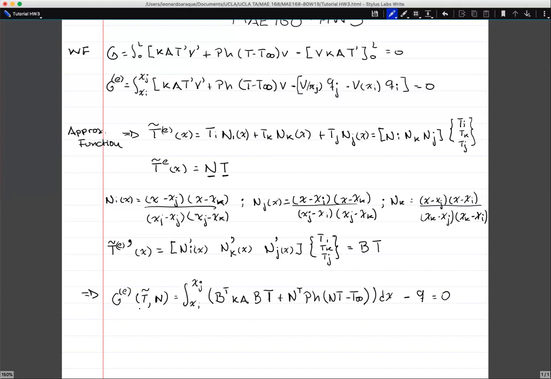Okay, so if we rearrange terms in this new formulation for the weak form, I will leave the components of the stiffness matrix on the left-hand side and the components of the force vector on the right-hand side of the equation.